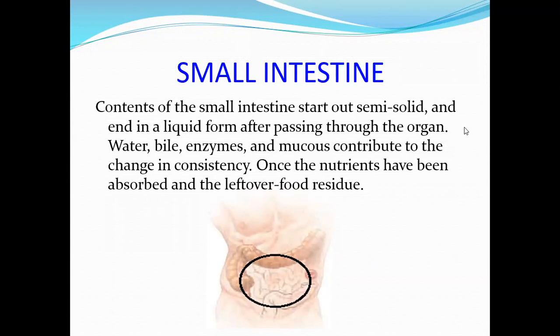Semi-solid becomes liquid at the end of the small intestines after passing through this organ. When the food passes through these organs, in the beginning it is semi-solid, and when it reaches the end, it becomes liquid. The small intestine continues this process, continuing digestion.